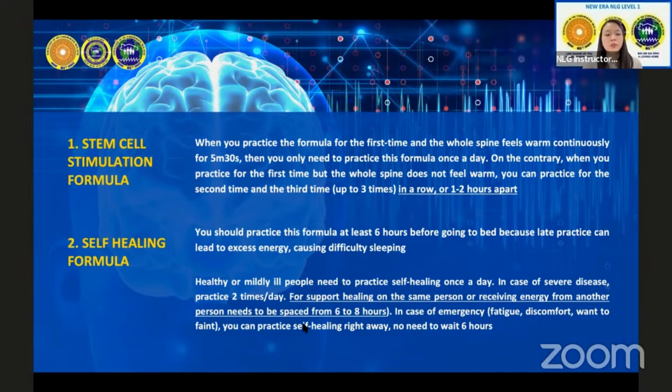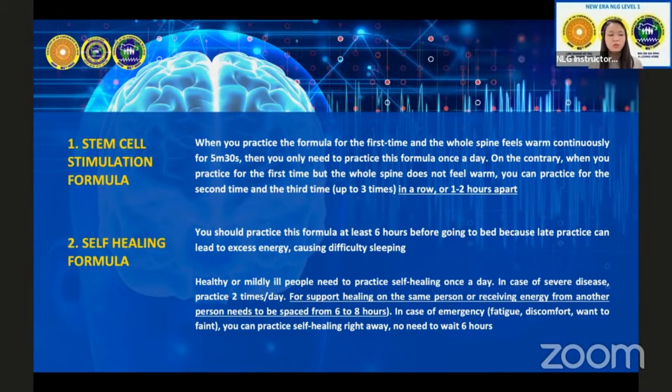Now, I'd like to elaborate a little on the second point here, where it says support healing on the same person or receiving energy from another person needs to be spaced out. That means that when you practice self-healing and then you want to receive healing support, let's say from Mr. Lay, from the daily live stream, or another energy participant whom you would like to ask for healing support, they are all healing frequency.